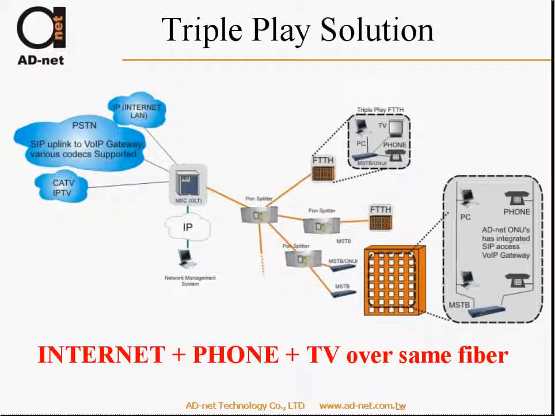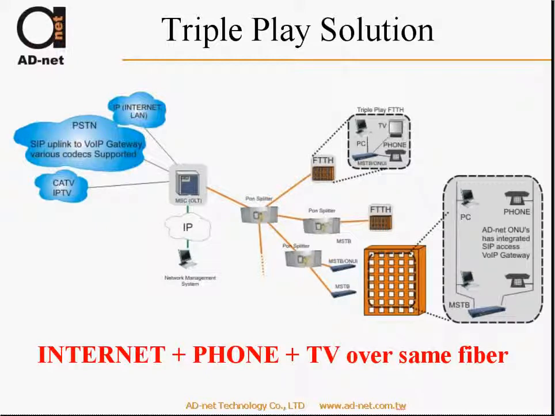It's a total triple play solution. As we said, you just need one fiber to the customer, and you have interfaces at the OLT side to the PSTN, and the optical systems and the GEPON offered from ADNet. We have the SIP VoIP gateway with various codecs supported in the uplink.